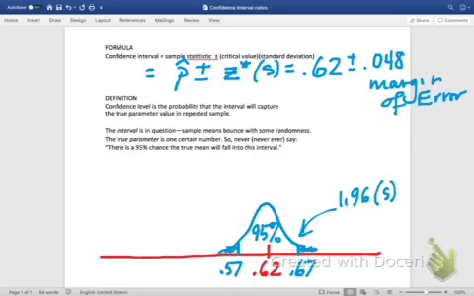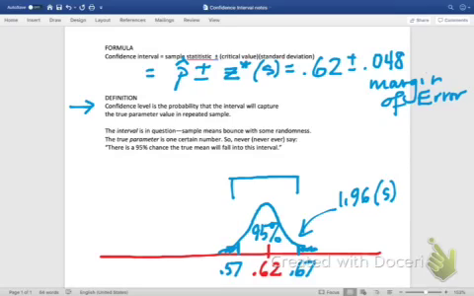Basically, I need to teach you what not to say. Okay, so up here we have our definition, and this is what we're supposed to say. That the confidence level is the probability that the interval, and that's what we're talking about, our interval, how good is it? It's the thing in question. It's the thing that moves. Do we have it too wide? Do we have it too narrow? Is it even off center?